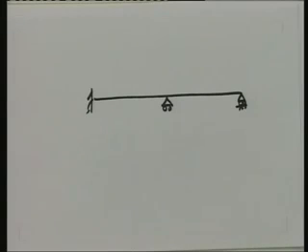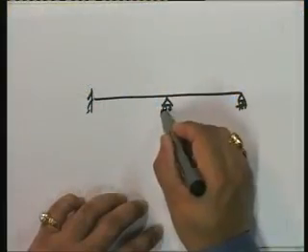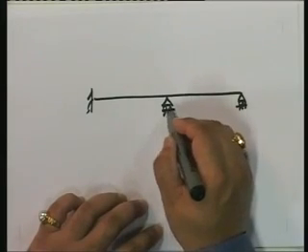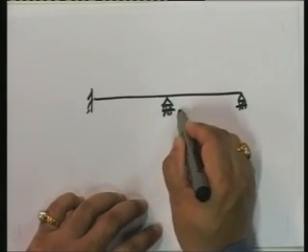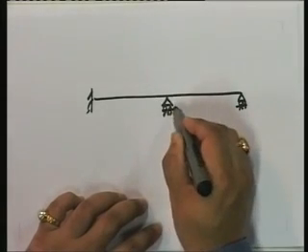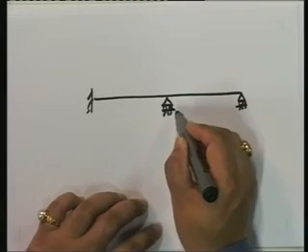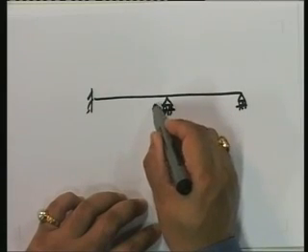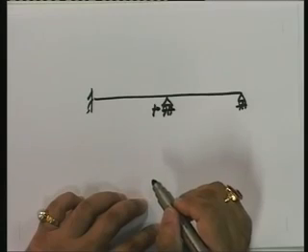Okay, what's the degree of static indeterminacy? Well, the first thing I'm going to do is start fixing. This is a roller support. I'm going to add 2 restraints to this. If I add 2 restraints to a roller support, in other words, I'm going to stop it moving in this direction, what happens?